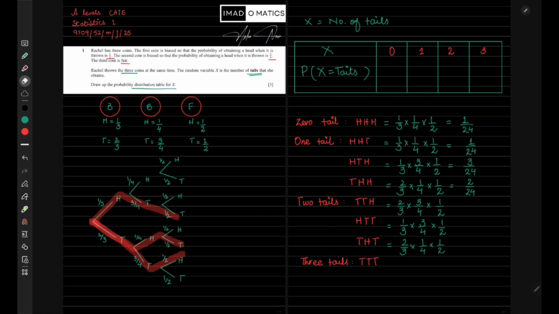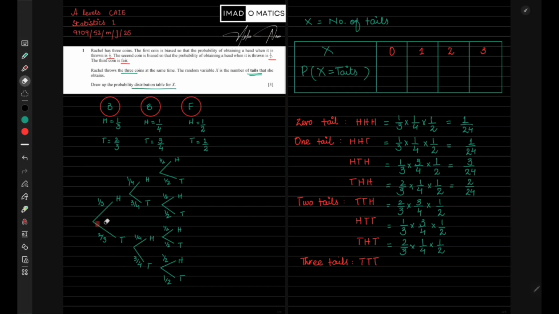And let me counter check this: tail, tail, head is 2, 3, 1, head, tail, tail is 1, 3, 1, and tail, head, tail gives you 2, 1, 1. Okay, I hope all this is correct.